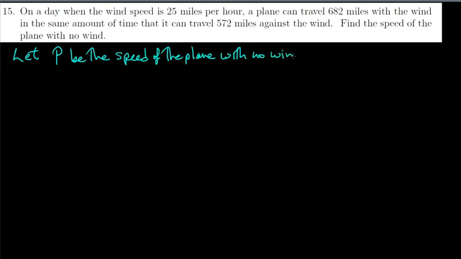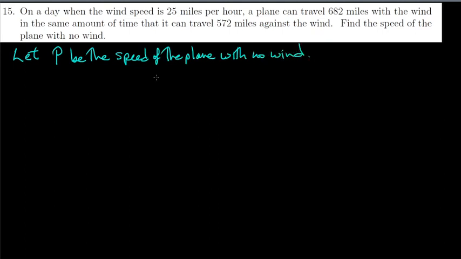Same thing. So let's just call that, I don't want to use S for speed. How about P for plane? Let P, well, let's just use X. All right, I'll use P. So let P be the speed of the plane, but with no wind. Right.